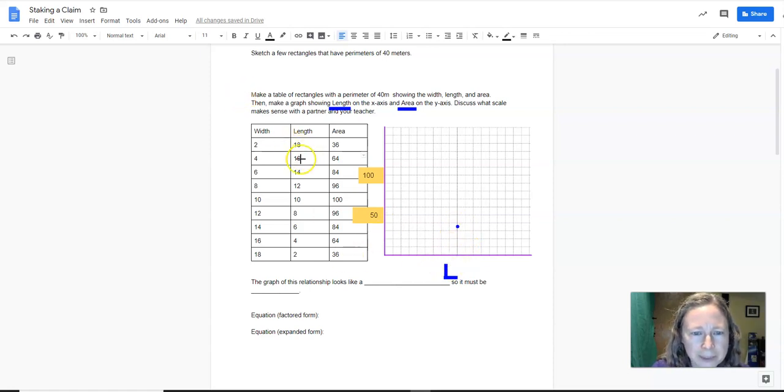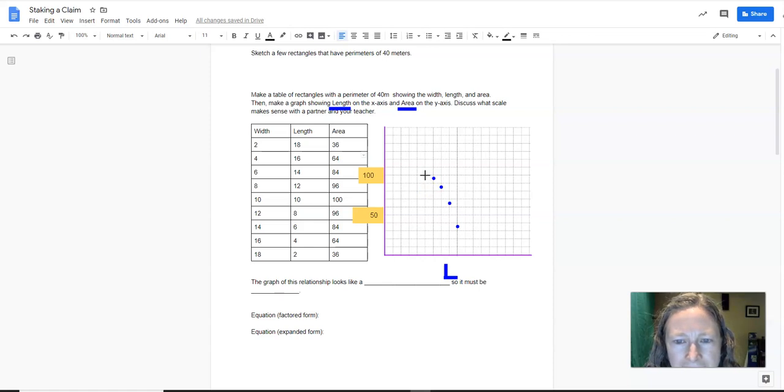And then we'll go to the next one, 16, 64. 16's here, and then we'd go 10, 20, 30, 40, 50, 64, okay. 14, 84. 14 would be just one to the left of the 16. To do 84, we go 10, 20, 30, 40, 50, 60, 70, 80, 4. Next we do 12 and 96, and then we do 10 and 100.